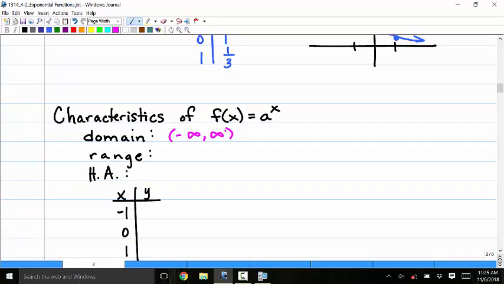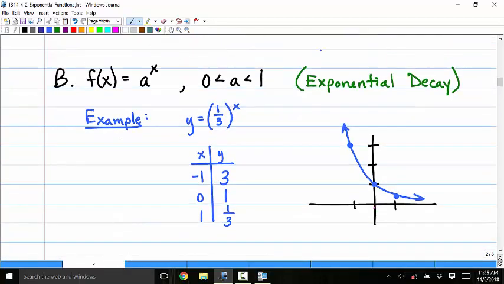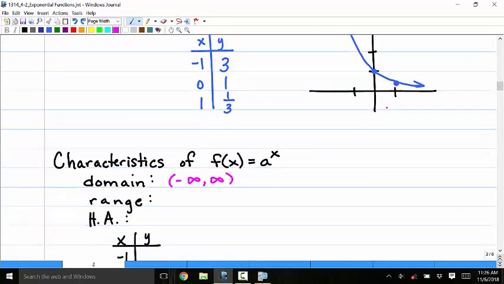The range, what y values do you have up here on the exponential decay? Do you have any of these y's? No. Do you have y equals 0 ever? No, because it goes down to 0, never gets there, right? So anything that is bigger than 0, how do we say that for the range? Open parenthesis 0 to infinity.